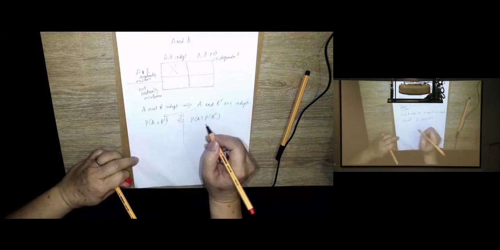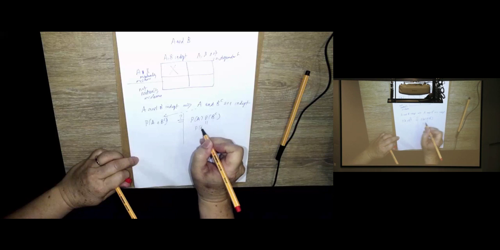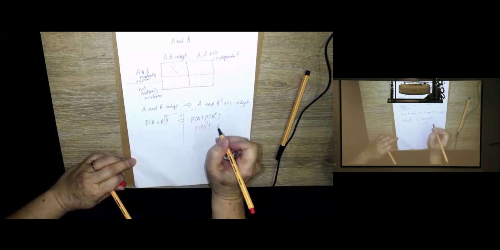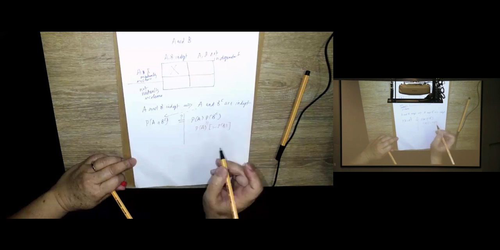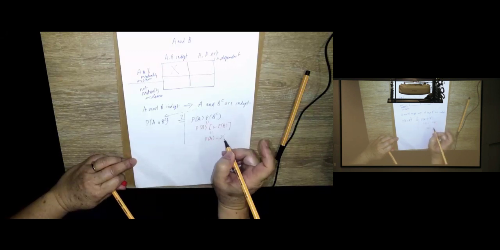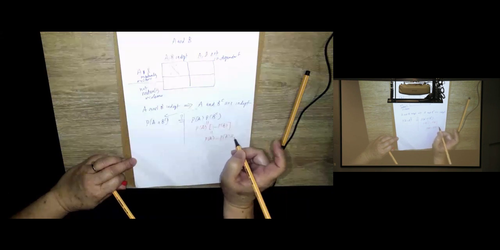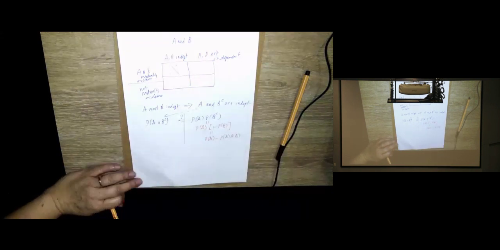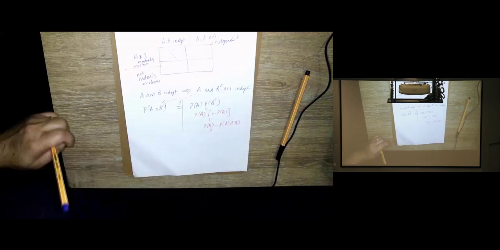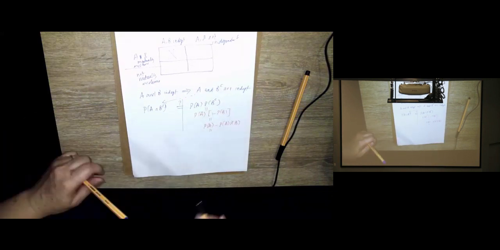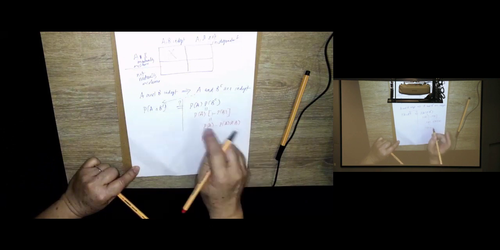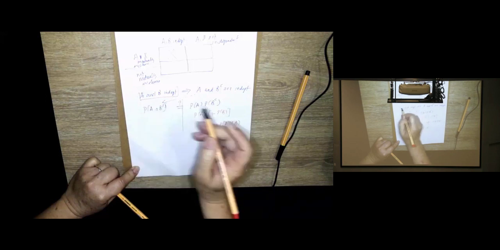So I'm working on one side at a time. What is the probability of B complement? We know this, right? And so we will have probability of A minus probability of A times probability of B, right? And this will be equal to probability of A intersect B complement. Here I use the fact that they are independent.